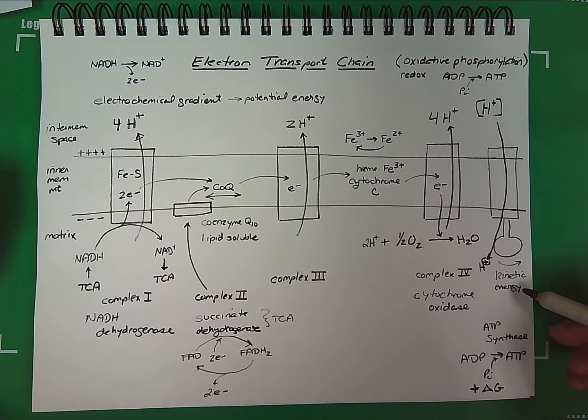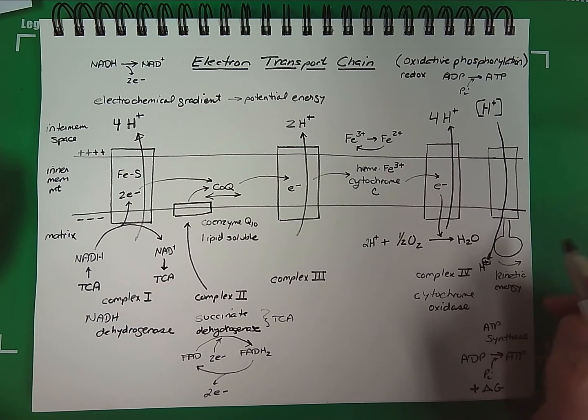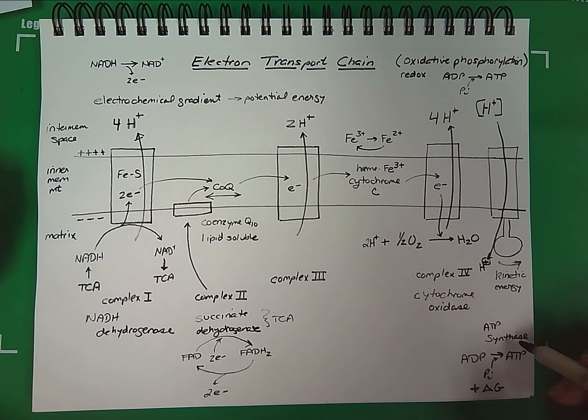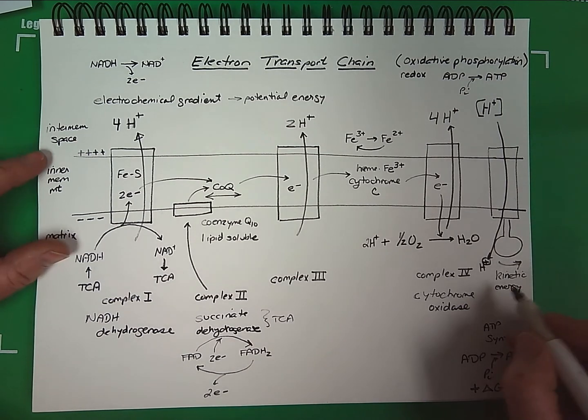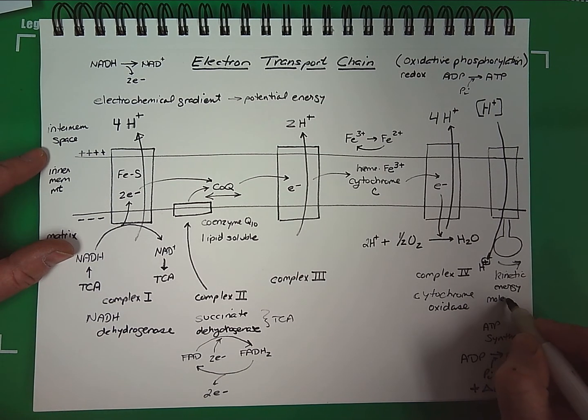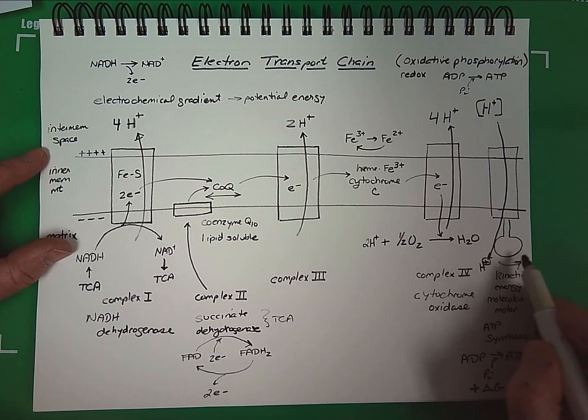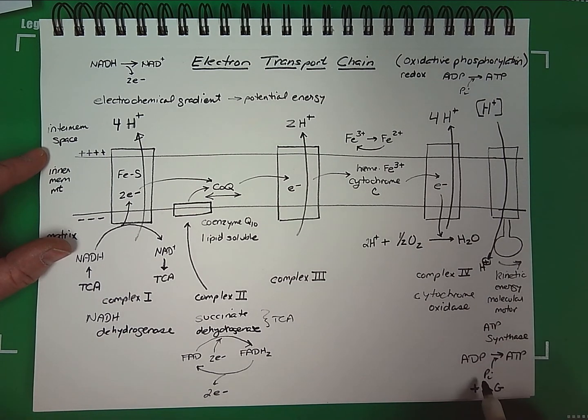Kinetic energy means that we are going to be spinning what is called the head group of the ATP synthase complex. So this is actually what is called a molecular motor. As this spins, the kinetic energy is going to be harnessed to generate ATP.